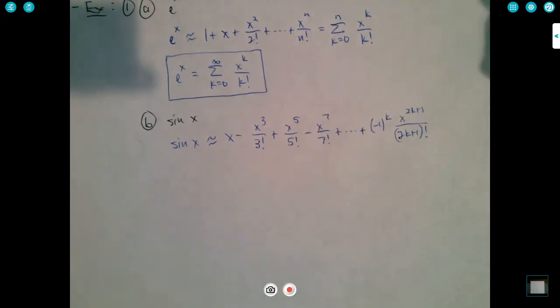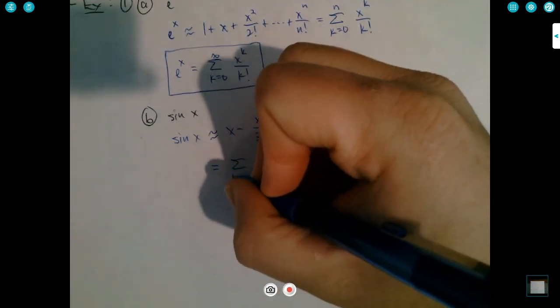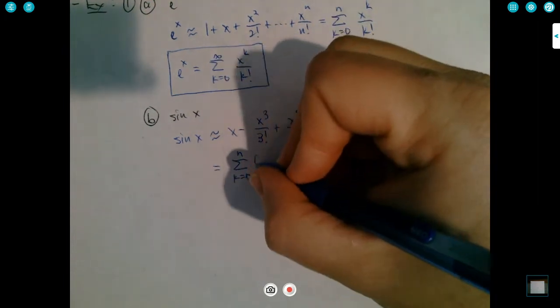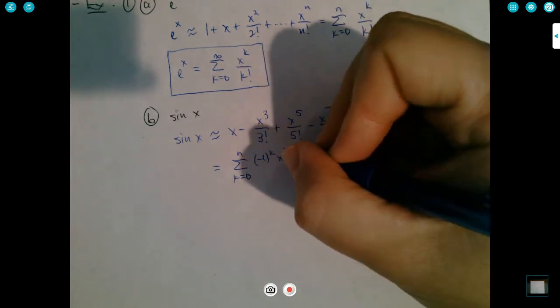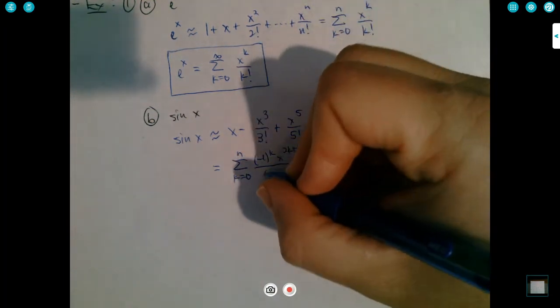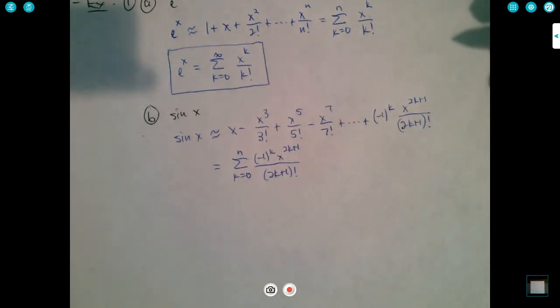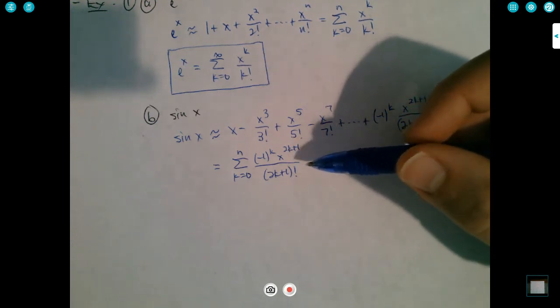In summation notation, this would be the sum from k equals 0 to n of negative 1 to the k times x to the 2k plus 1 over (2k plus 1) factorial. So that's the Maclaurin polynomial.